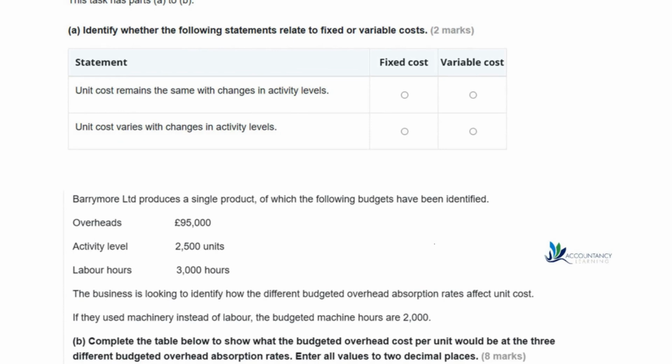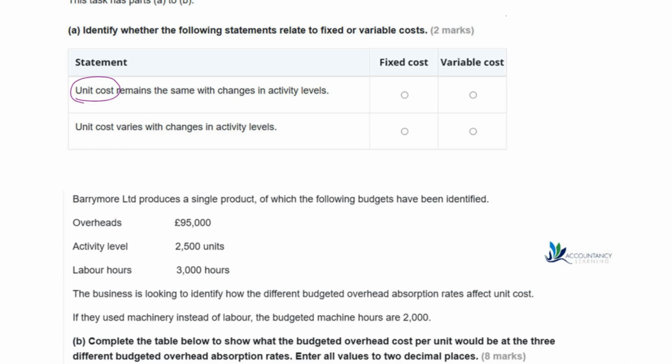So the first one is unit cost remains the same with changes in activity levels. So we're looking here at the unit cost.